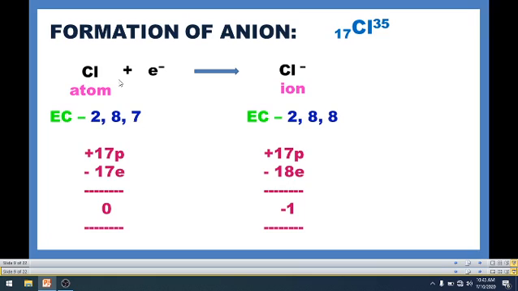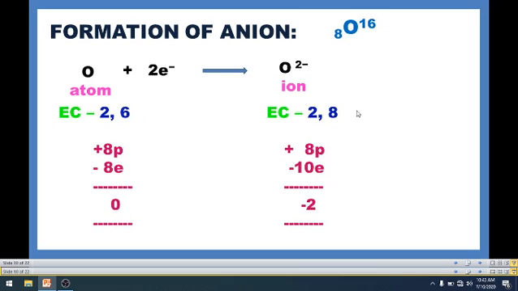The chlorine atom has 17 protons and 17 electrons, so plus 17 minus 17 is equal to 0. Now it gains 1 electron, so 17 electrons become 18 electrons. Plus 17 minus 18 is equal to minus 1. So chlorine attains a negative charge. Chlorine is converted into a chloride ion by gaining 1 electron.